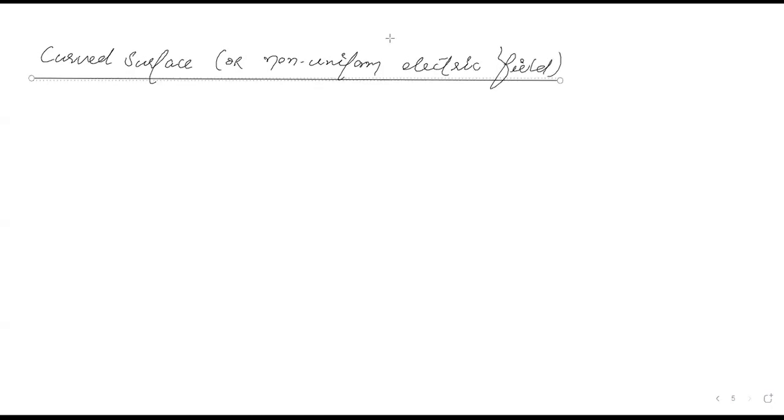When your field is non-uniform, in this case, suppose that this is your diagram and the area is S. Some field lines are passing like this.